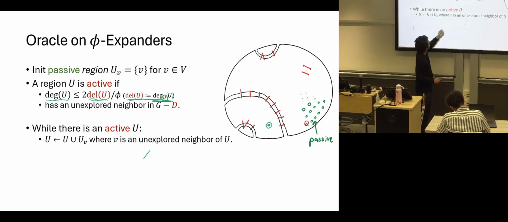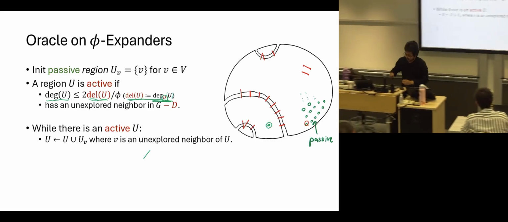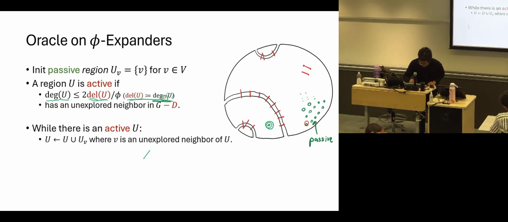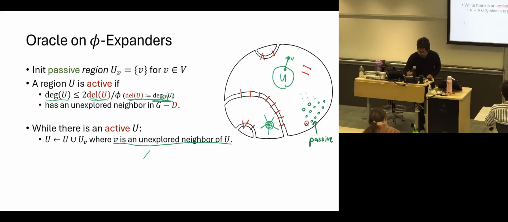So there must be some unexplored neighbor of U. Let's say this is my region U, and I didn't explore some edge incident to U. The neighbor would be a node not in U with an edge from U to it. So let V be the unexplored neighbor of U, like this guy.